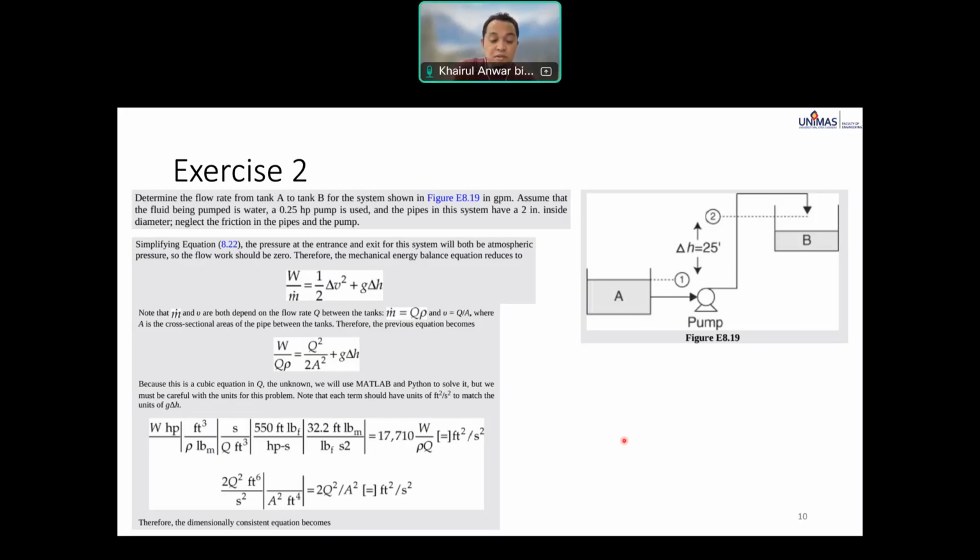So m equals Q rho and V equals Q over A, where A is the cross-sectional area of the pipe between the tanks. Therefore, the previous equation becomes, you substitute it.